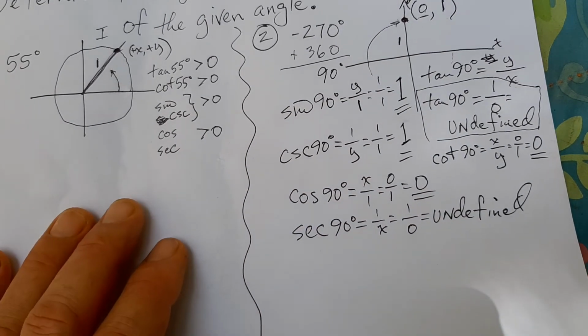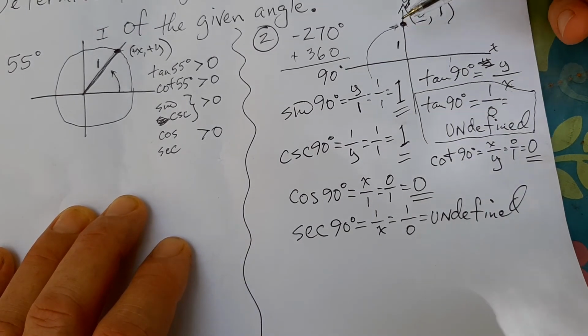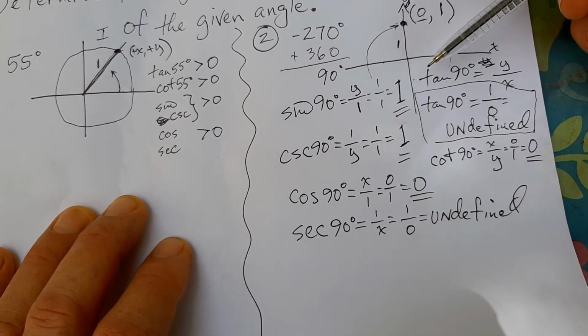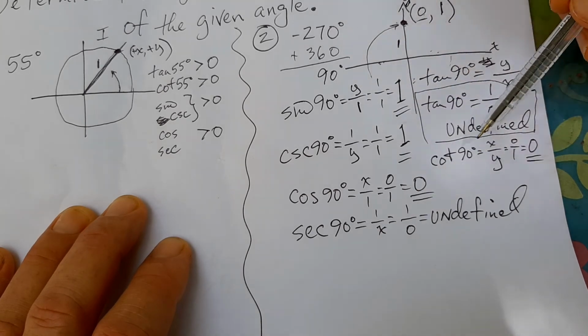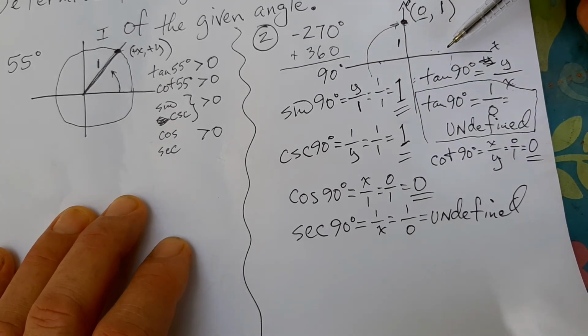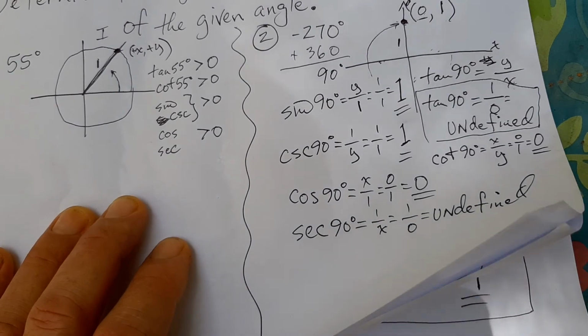So sine goes 0, 1, 0, 1, and cosine goes 1, 0, 1, 0, and its buddy is 1 where it's 1, and undefined where it is 0. Okay, that's too much information maybe, but check it out.